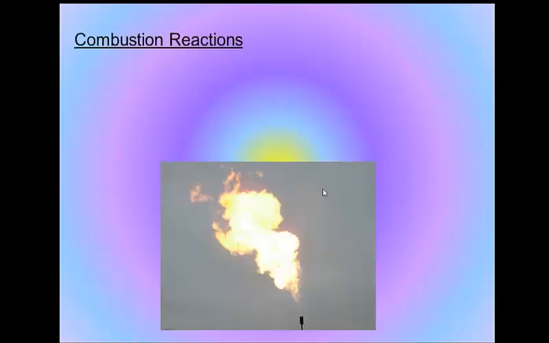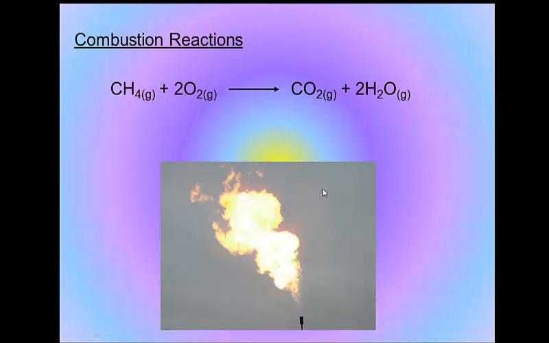Combustion reactions, we assign oxidation states, and you get a +1 for the hydrogen, a -4, a 0, a -2, a +4, a -2, and a +1. Notice in this one that the carbon loses the electrons. We don't know how many yet.